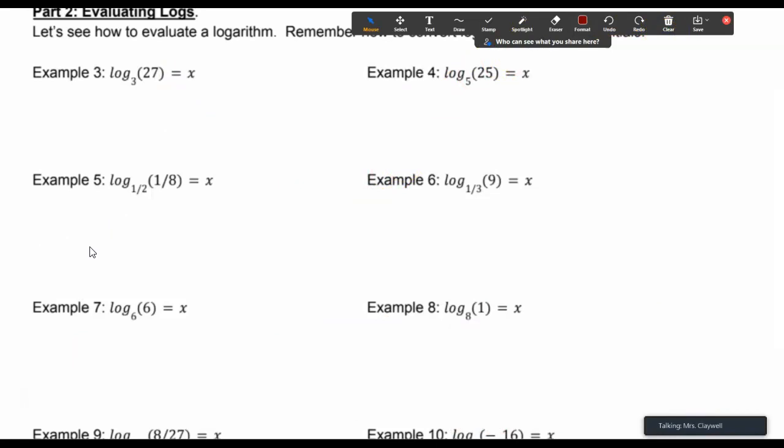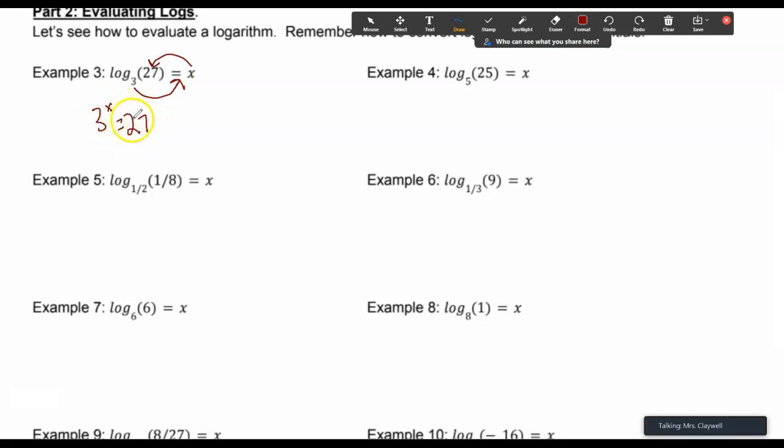So now it's asking us to evaluate these. There's a couple ways to think of this. So this is saying 3 to the x power equals 27.